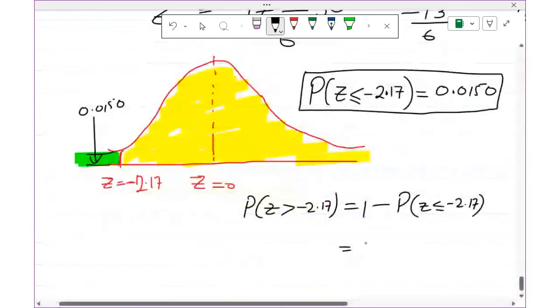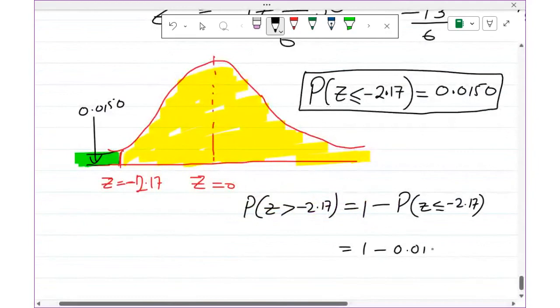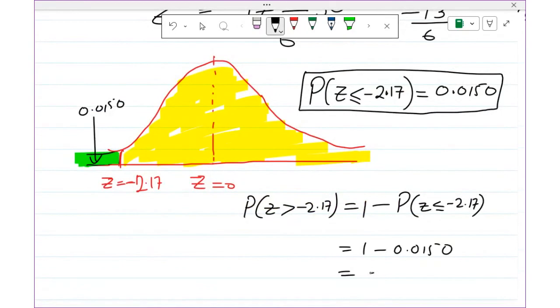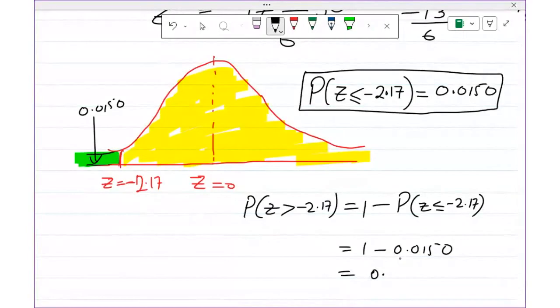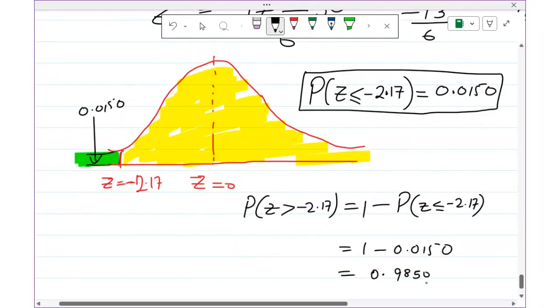So 1 minus 0.0150 is, if you subtract this, we will have 5, 9 minus 1, 8, 9 minus 0, 9, 0. So you will have 0.9850.